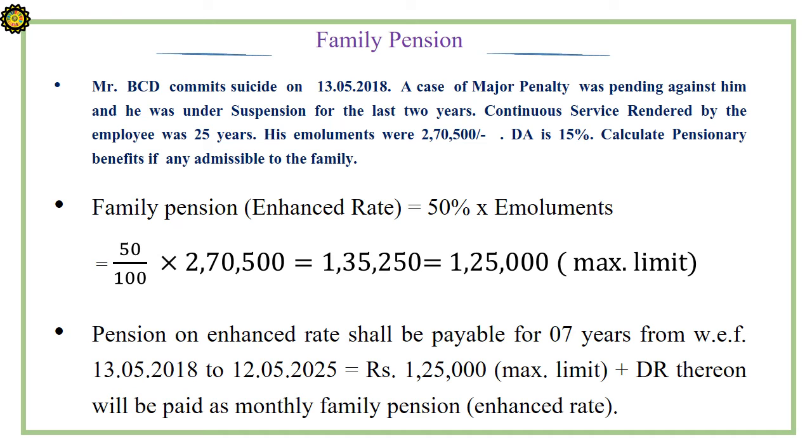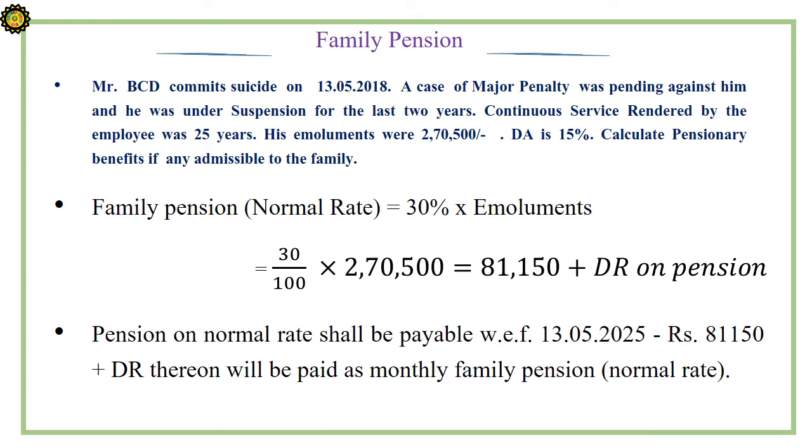But the amount payable is 1,25,000 because it is a maximum limit. So pension on enhanced rate shall be payable for 7 years, that is from 13th May 2018 to 12th May 2025. And the payable amount is rupees 1,25,000 plus dearness relief thereon will be paid as monthly family pension and it is at enhanced rate.